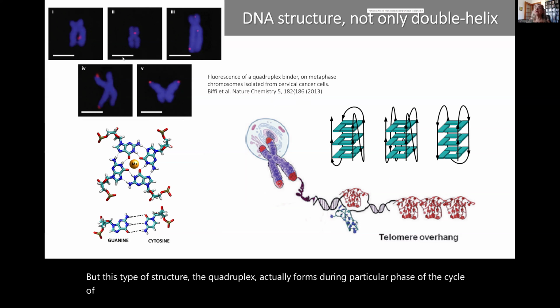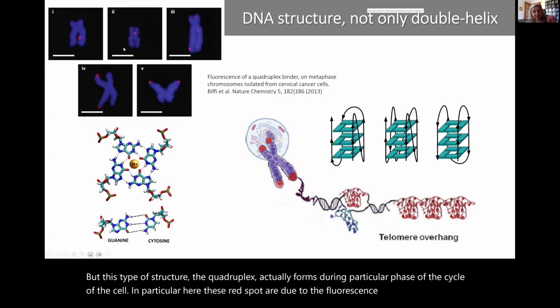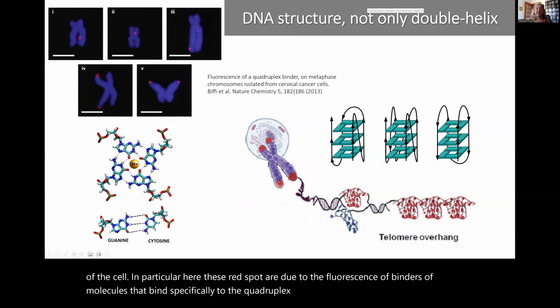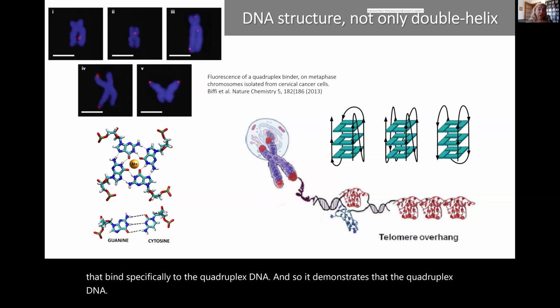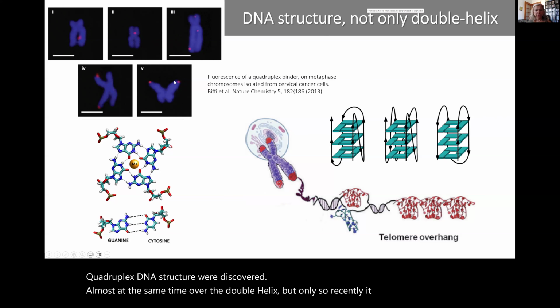In particular, here these red spots are due to the fluorescence of binder molecules that bind specifically to the quadruplex DNA, and so it demonstrates that the quadruplex DNA forms. Indeed, quadruplex DNA structures were discovered almost at the same time as the double helix, but only so recently was their biological role finally demonstrated.